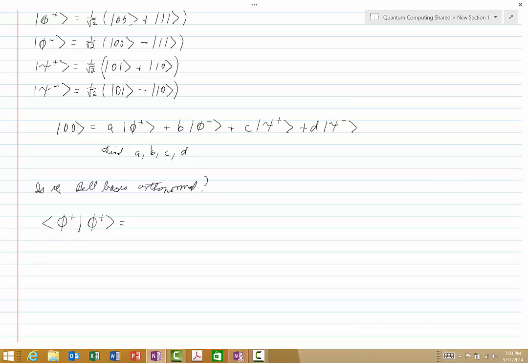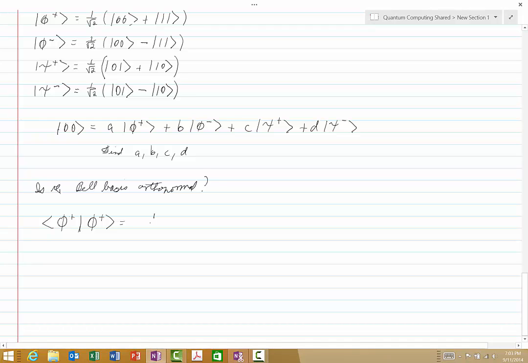So when we do this, remember that for the scalar part, when we take the dual of a ket multiplied by a scalar, we want to take the complex conjugate of the scalar, and then the dual of the ket will be the corresponding bra.